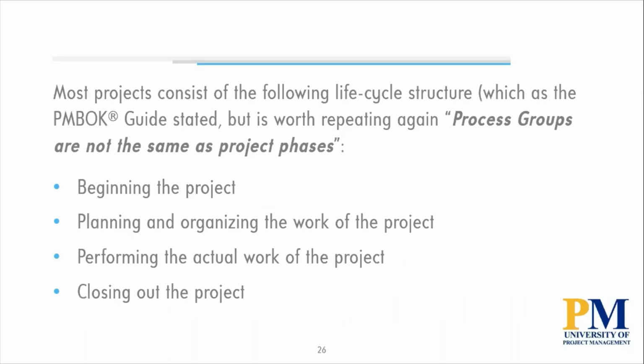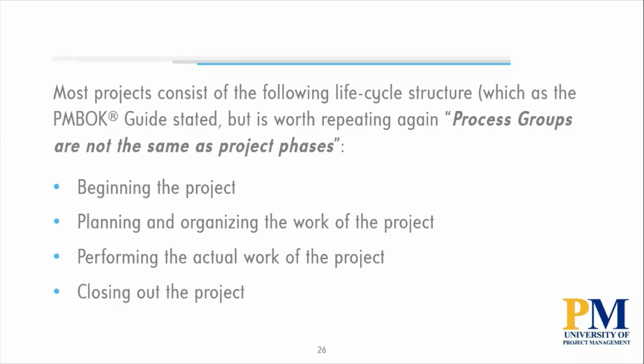Now, most projects consist of the following life cycle structure, where we have a beginning of the project, a planning of the project, an execution of the project, and a closing of the project. And you might say, where is monitoring and controlling?